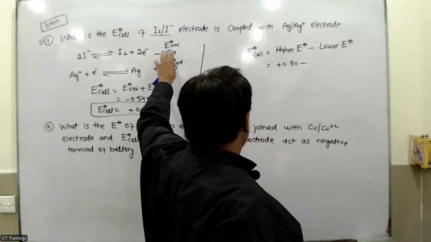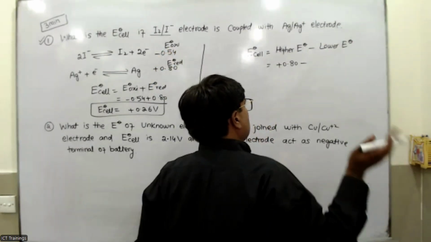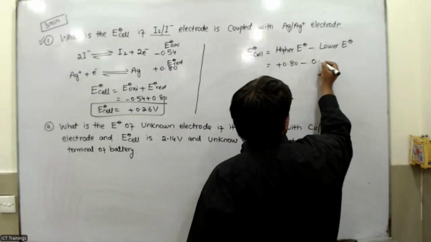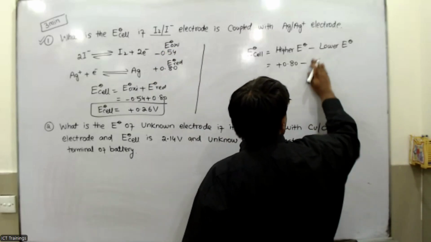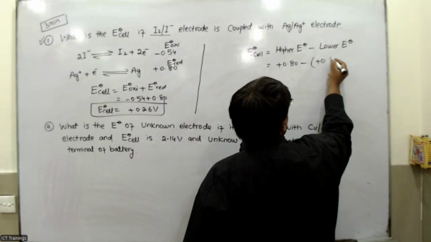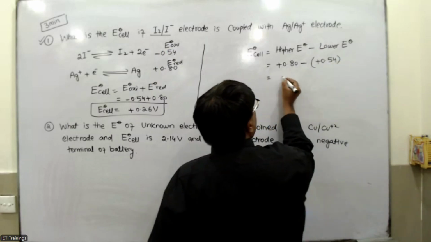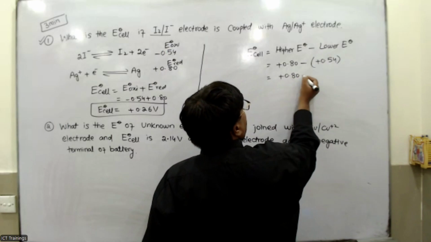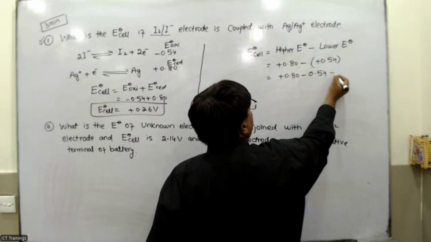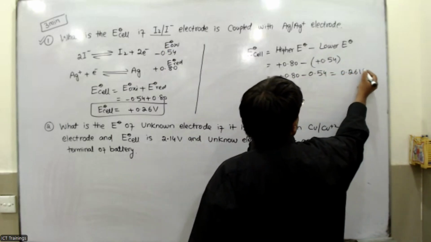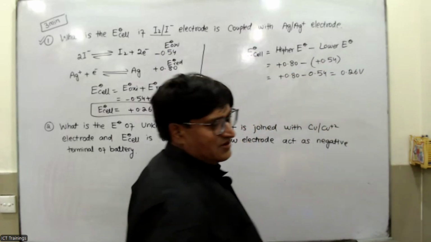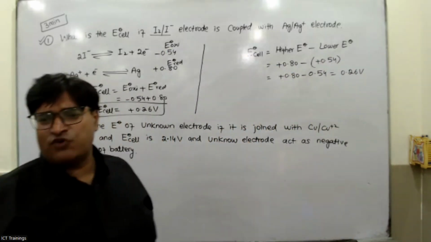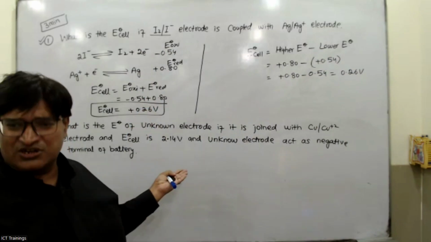Don't take this one because I have reversed it. In the data booklet it was given as plus 0.54. So if you solve it, 0.80 minus 0.54, it is again 0.26 volts. So you can do it like that as well. You can use either formula, but this one is more explanatory.